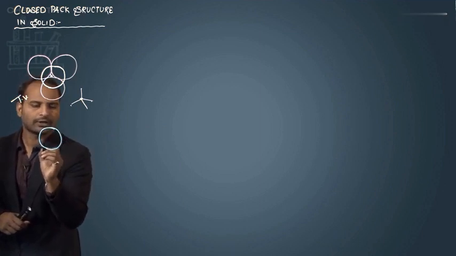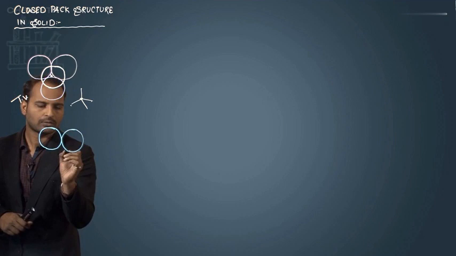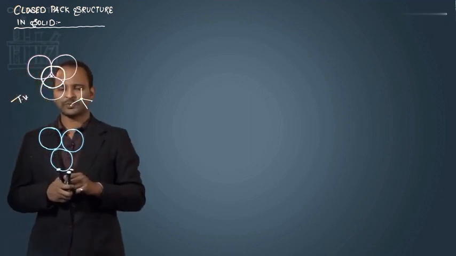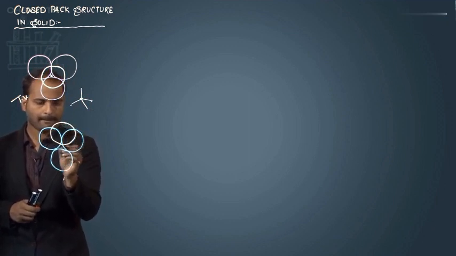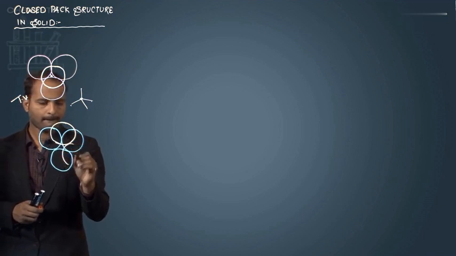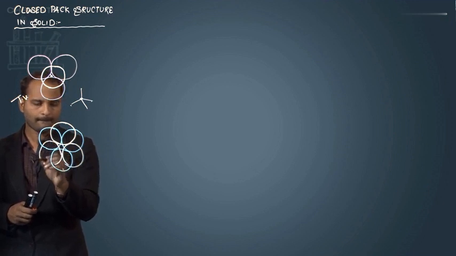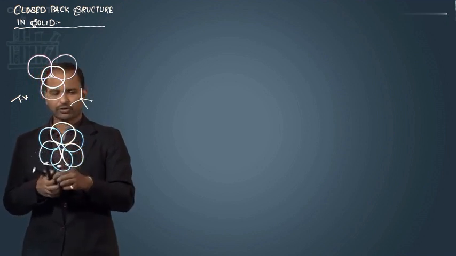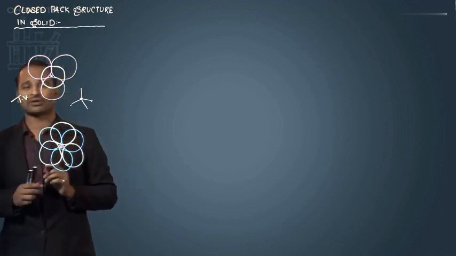So between these 6 spheres, the void which has been formed, I'm talking about this void, this region, is called an octahedral void.